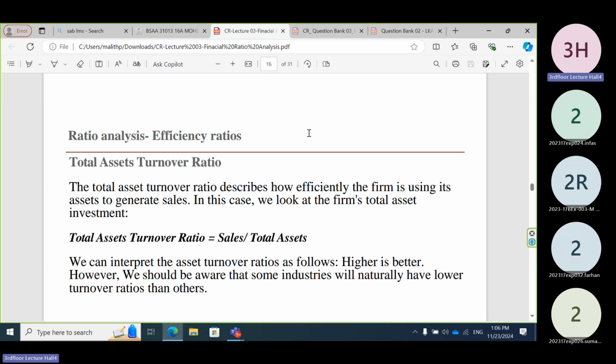Sales divided by average total assets. Why? Sales is for the period, while total assets is a balance sheet item. So the total assets assumes an average figure for the year. If we have fluctuation, we have to get the average total assets. So opening total assets plus year-end total assets divided by 2 should be the ideal number, right?